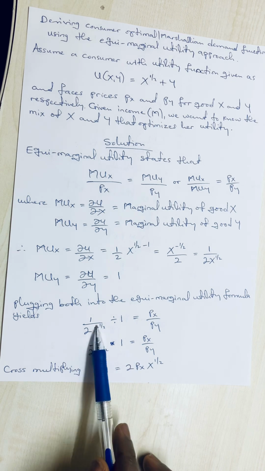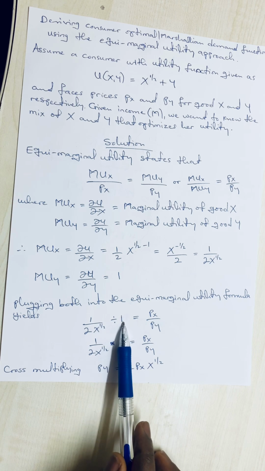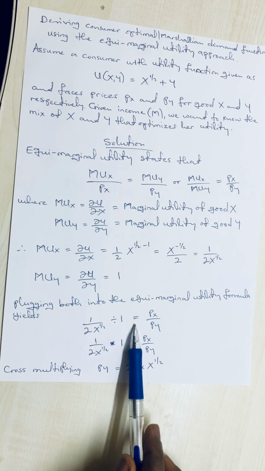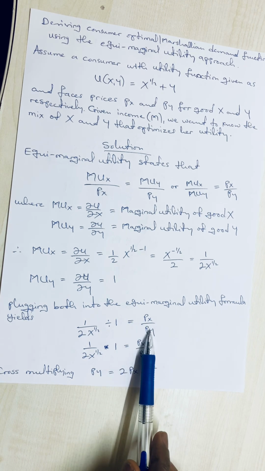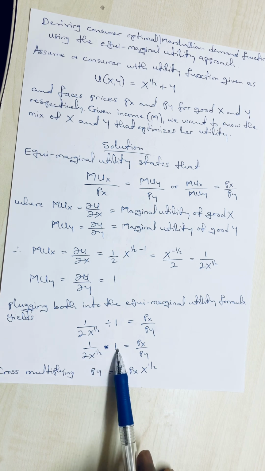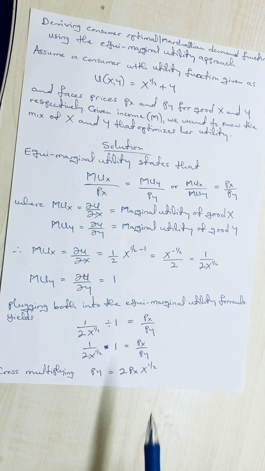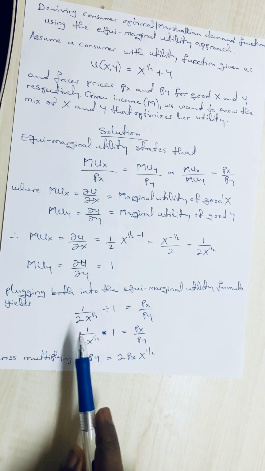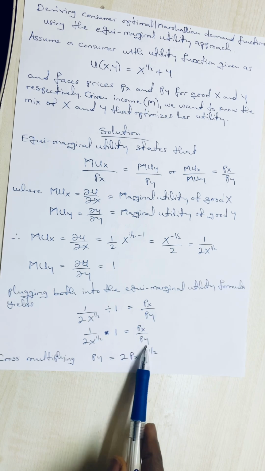So you have 1 over 2x^(1/2) times 1 equals px over py. 1 times 1 is just 1, so you just have 1 over 2x^(1/2) equals px over py.